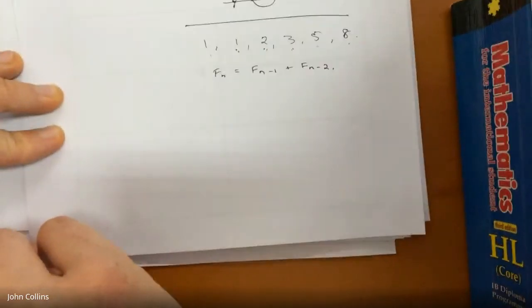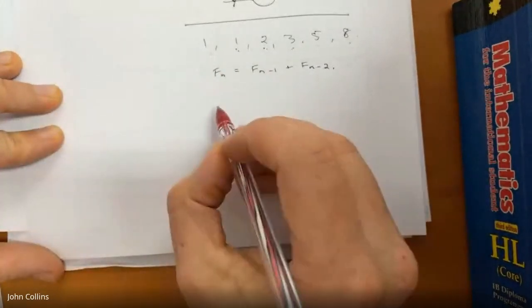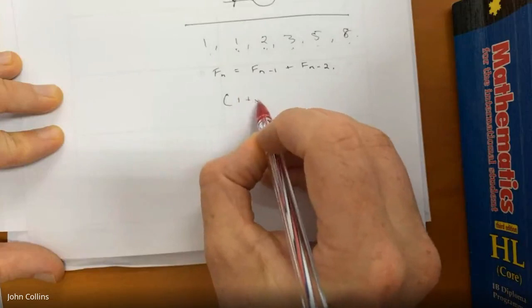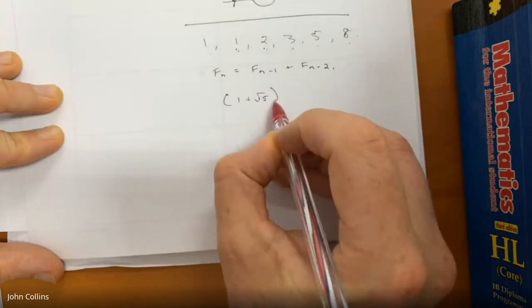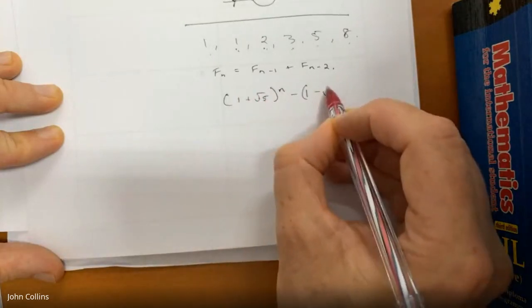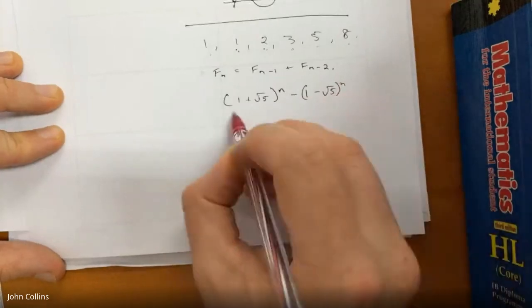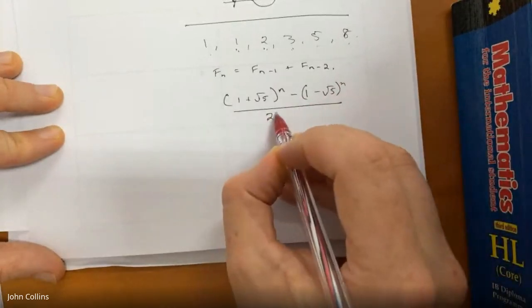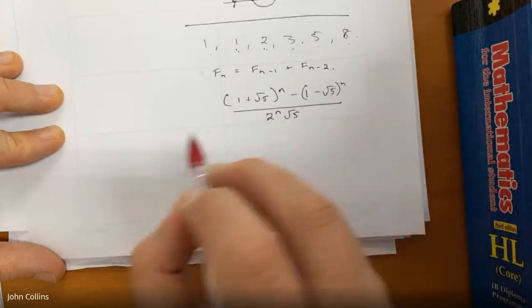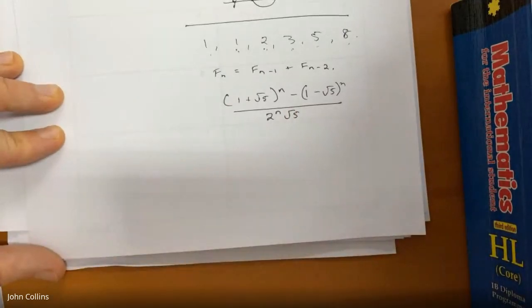But to get the actual formula, the Fibonacci formula is 1 plus root 5 to the n, minus 1 minus root 5 to the n, all over 2 to the power of n times root 5. That is the Fibonacci formula to get any particular term in the Fibonacci sequence.